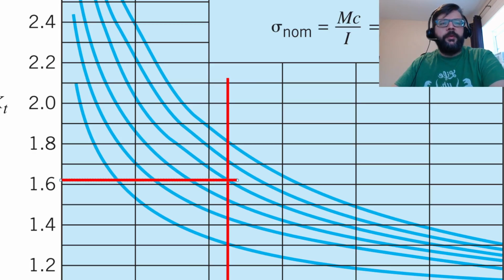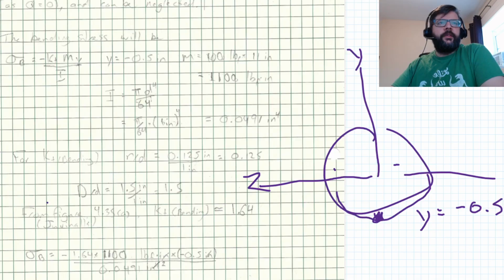But anyways, 1.64. I'm probably rounding up a little bit, but again, that's not exactly terrible. That's a more conservative estimate. So 1.64 is our stress concentration factor.